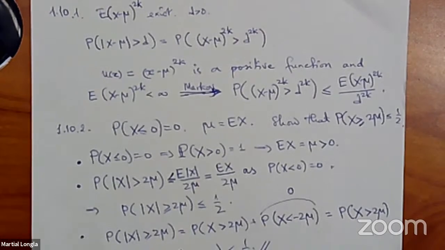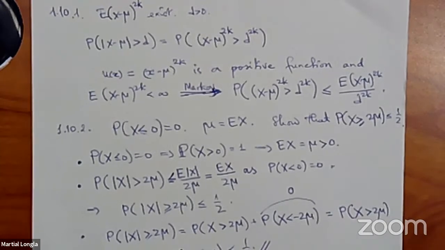You don't just claim you're doing it and then apply the final formula. So what does the Markov inequality apply to? It applies to a positive function of x, isn't it? So you got to define that function of x and see that it is a positive function of x before applying.